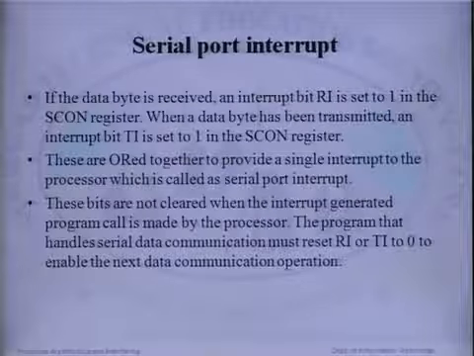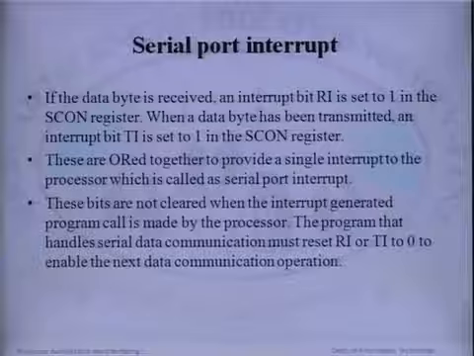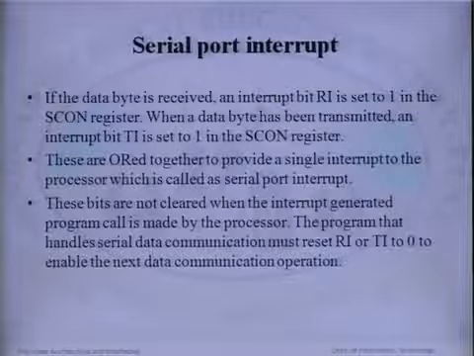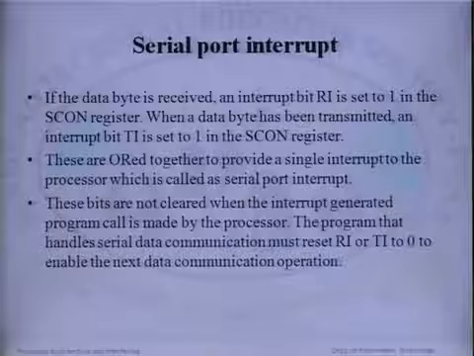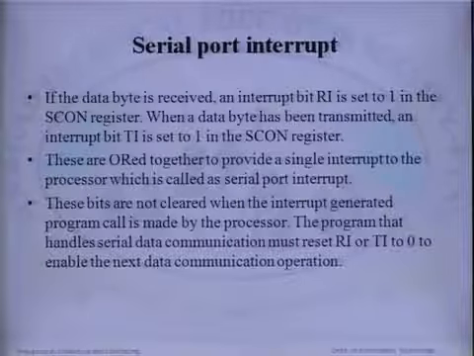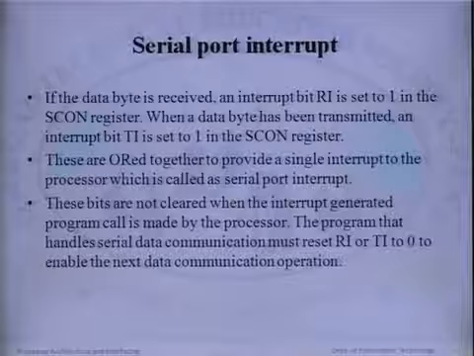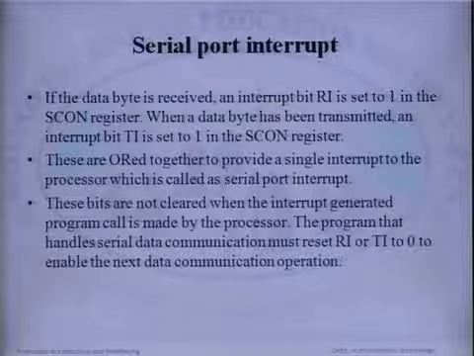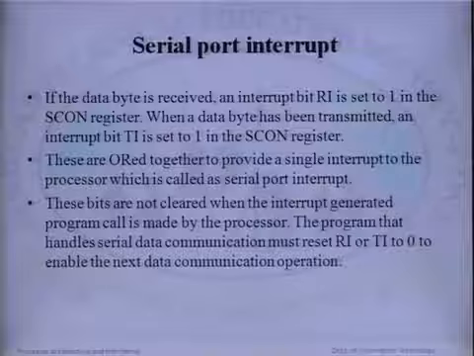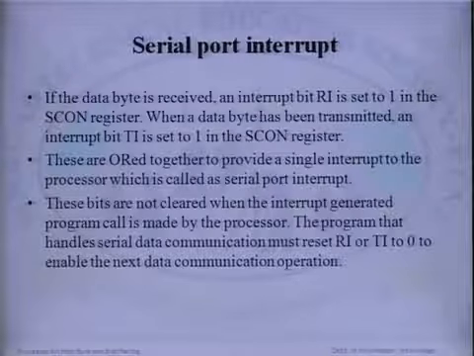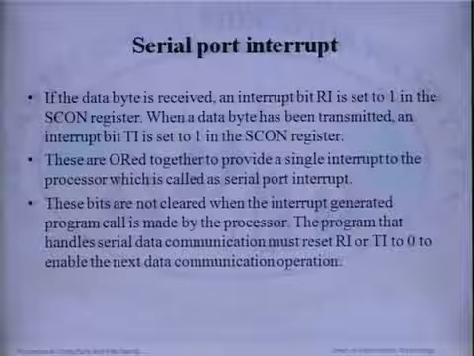These 2 bits, RI and TI, are combined together to provide a single interrupt to the processor, which is known as the serial port interrupt. These bits are not cleared when the interrupt generated program call is made by the processor. The program that handles serial data communication must reset RI or TI to 0 to enable the next data communication operation.